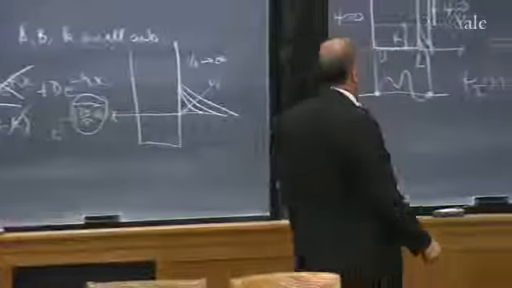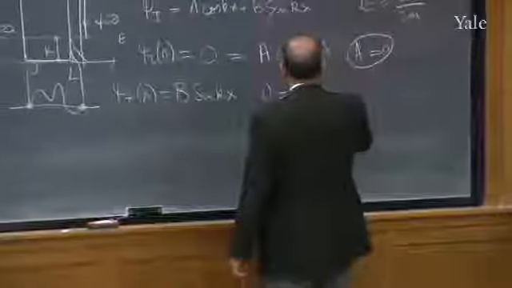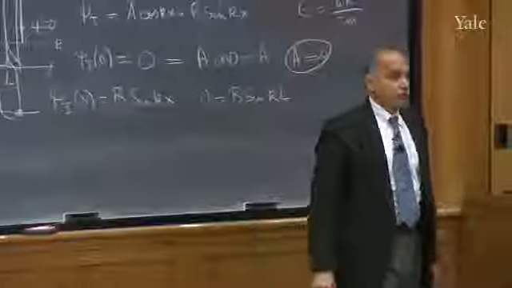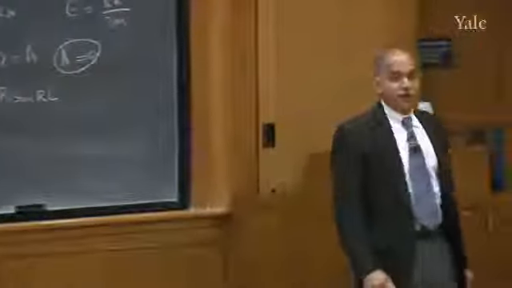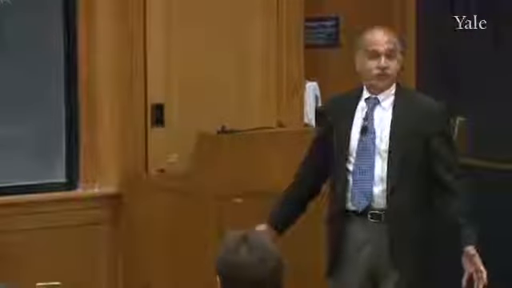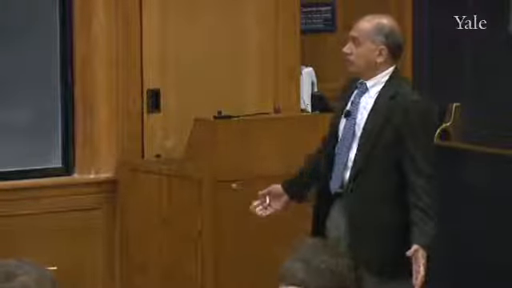Well, at x equal to L, what do I find? I want 0 to be equal to B sine kL. That should be 0. Now, one simple way to get that is to kill B, say B equal to 0. But then you've got no solution. You killed A and you killed B. Certainly psi equal to 0 is a solution to this equation, but it doesn't describe anything.